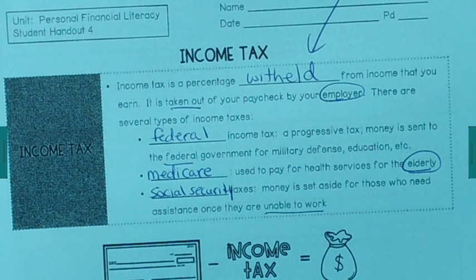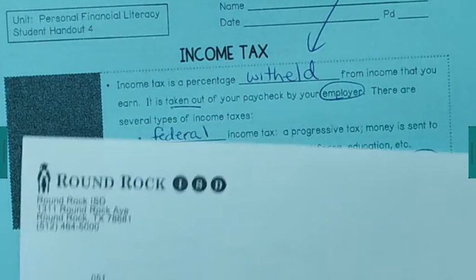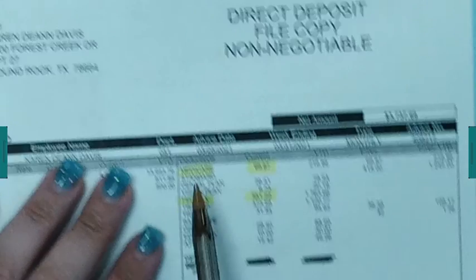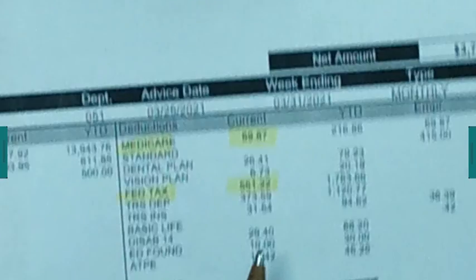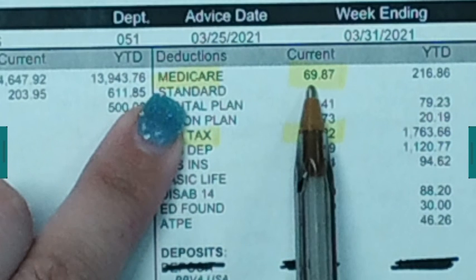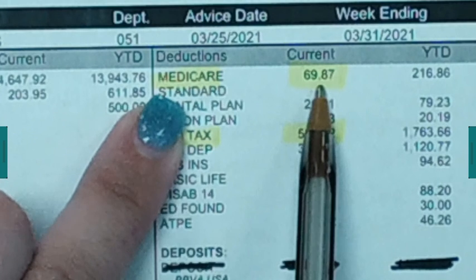So this is a copy of my check stub. I'm not telling you how much I make, but yes, this is me, Radica ISD. You can see that they take out money for Medicare. So every month, this is one time a month, I pay $69.87 for Medicare.